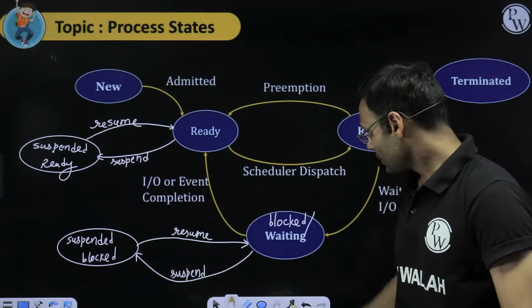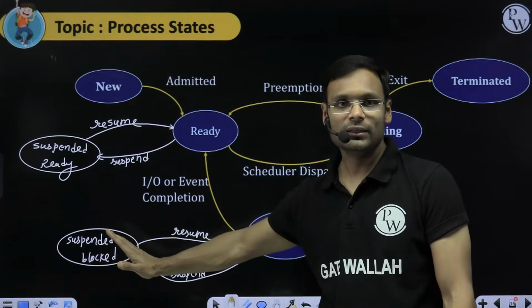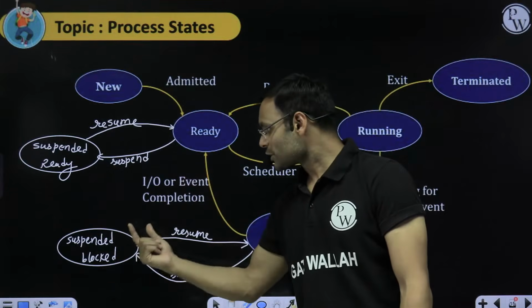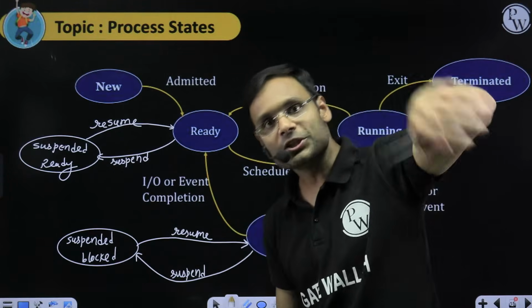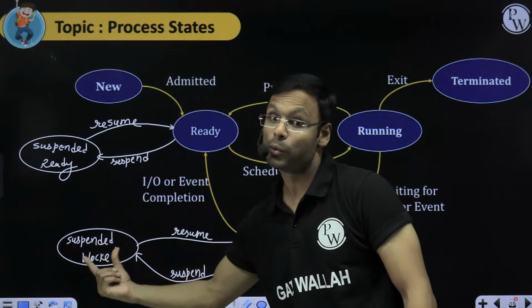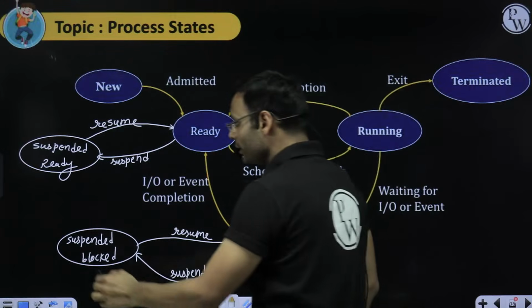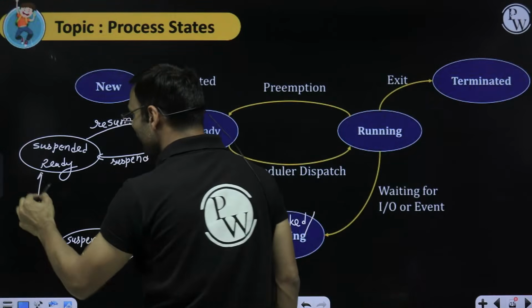Sometimes it happens that a process was waiting for an IO operation and then it got suspended. But when it was in suspension, its IO operation completed. So if the IO operation is completed, it will no more be in blocked. Not in suspended blocked, not in blocked. So it will go into suspended ready. Why?